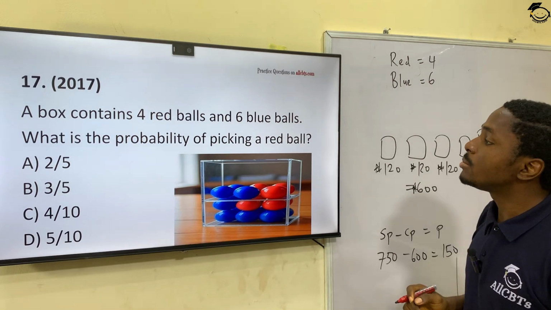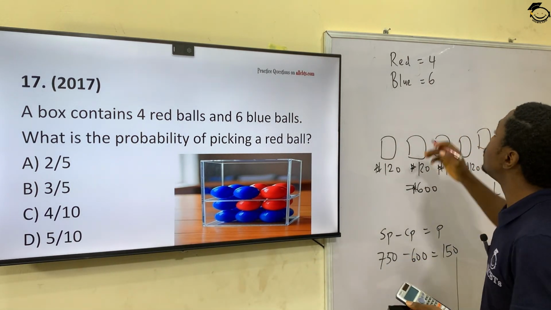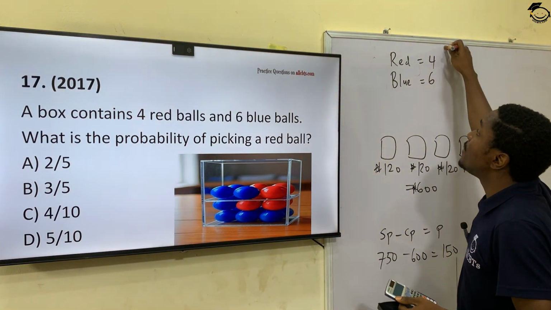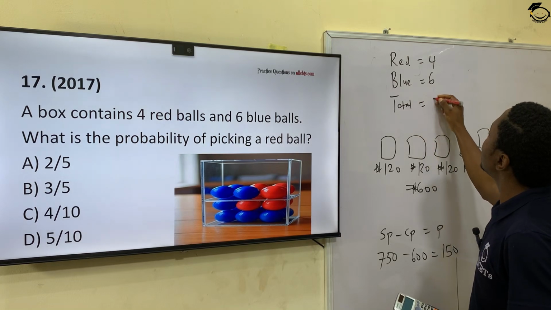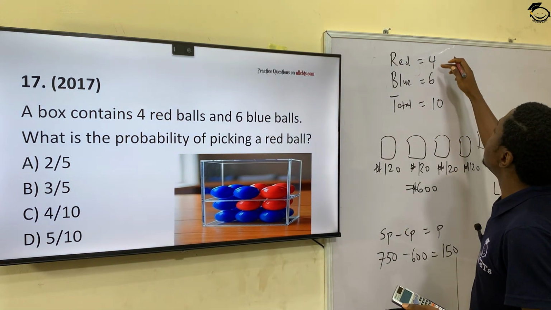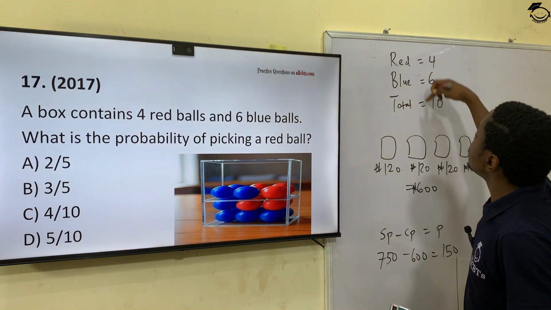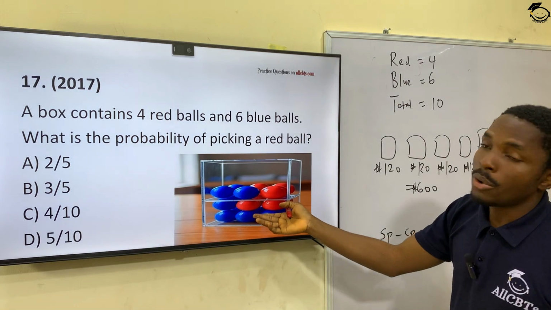The probability of picking a red ball is the number of red balls over the total number of balls. Let's do the total first. The total number of balls is 10.